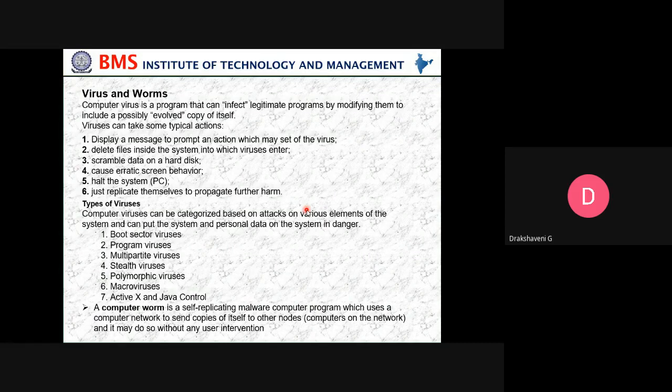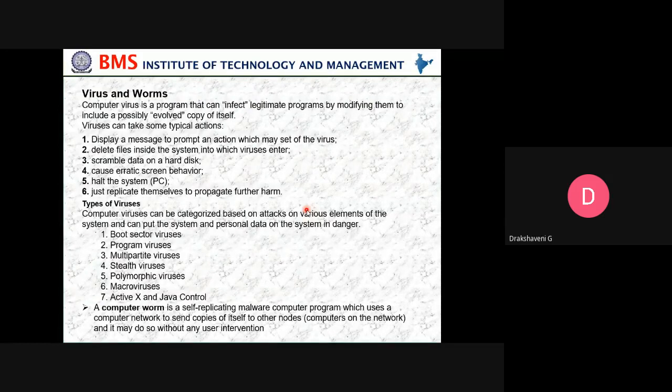So what are viruses and worms? A computer virus is a program that can infect legitimate programs by modifying them to include a possibly evolved copy of itself. Viruses can take some typical actions: display a message to prompt an action which may set off the virus, delete files inside the system into which the virus enters, scramble data on a hard disk, cause erratic screen behavior, halt the system, that is the PC, or just replicate themselves to propagate further harm.